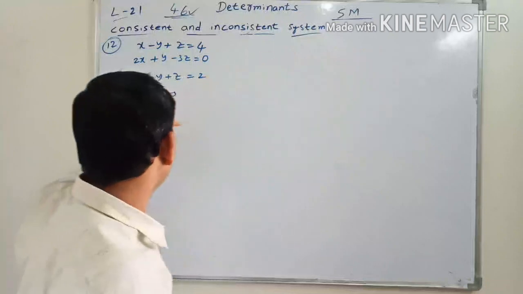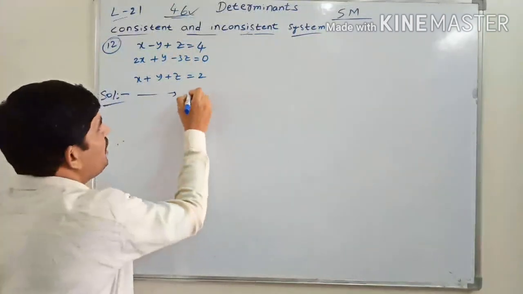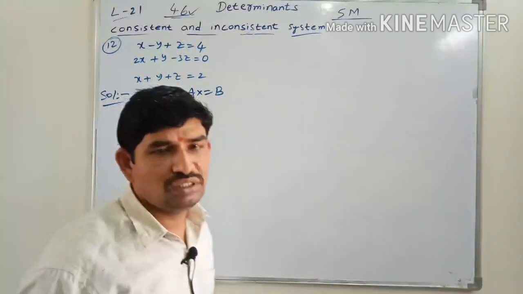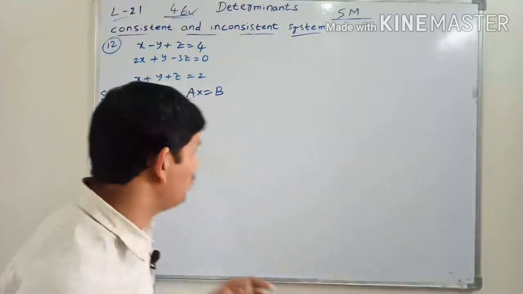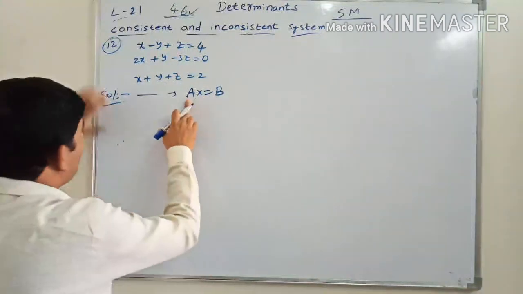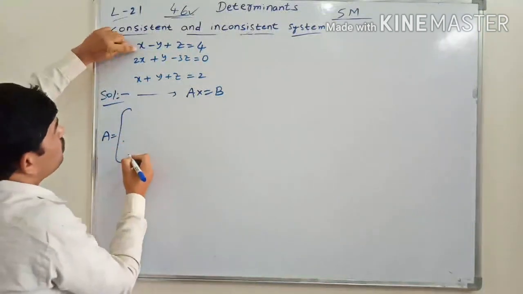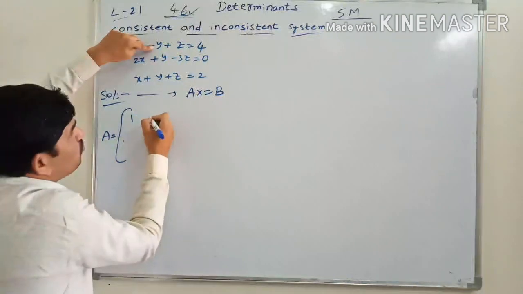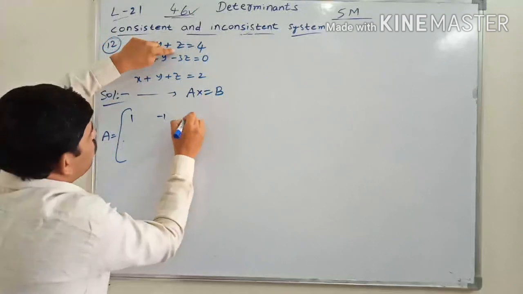So what we have to write here: the system of equations can be written in the form of Ax is equal to B. All of you write this. First we have to write that. After this, what is A? We can write A is nothing but the coefficients of x, y, z from the first equation: 1, and if there is a minus y, no need to write 1, you have to write minus 1, and that is 1.